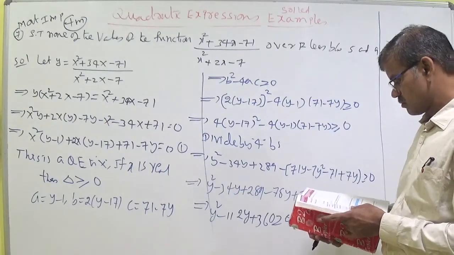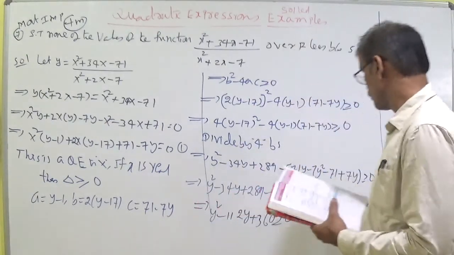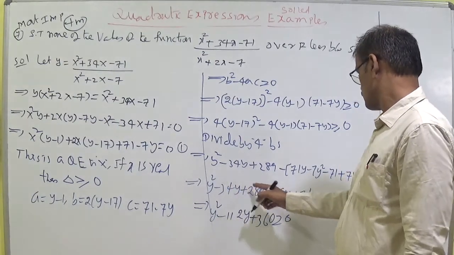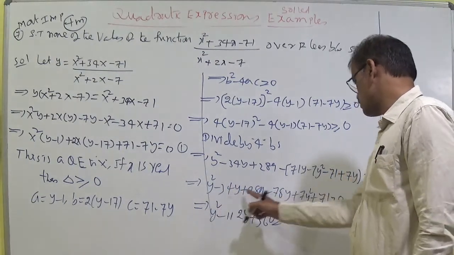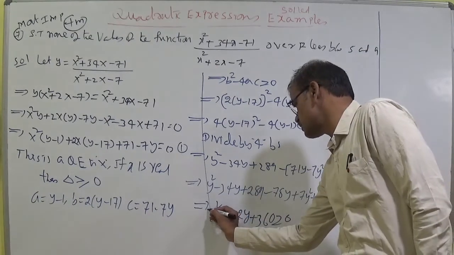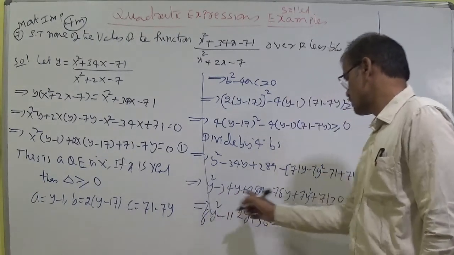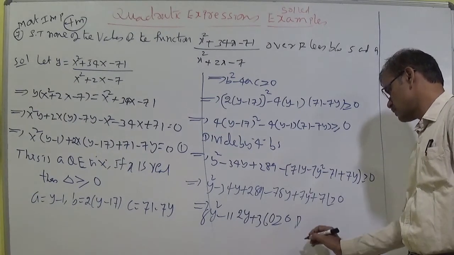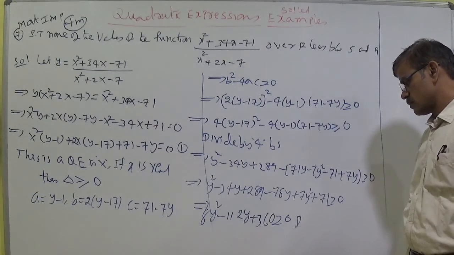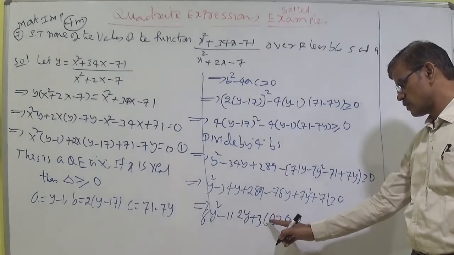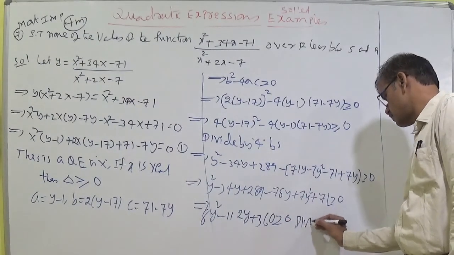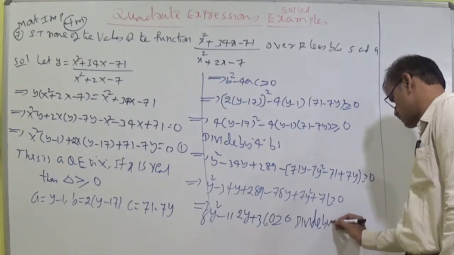In the same way, we should get the other factors. Here we should write y square plus 7y square is 8y square. Divide by 8, it is better. Divide by 8 on both sides.